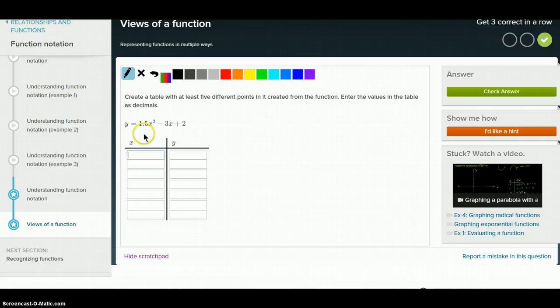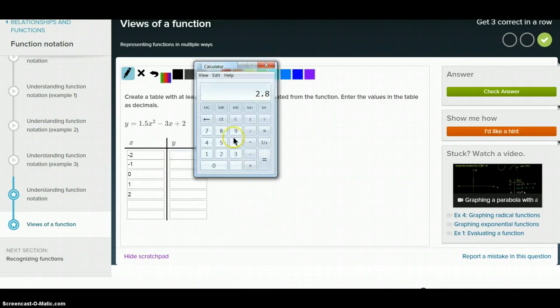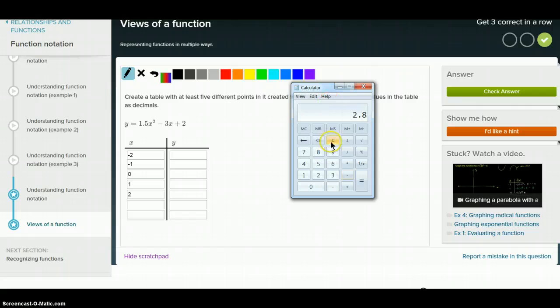Alright, so let's try this next one, and let's just do the same points. We'll have negative 2, negative 1, 0, 1, and 2. Let's pull out our calculator on this one.